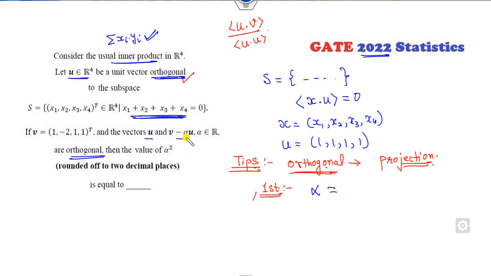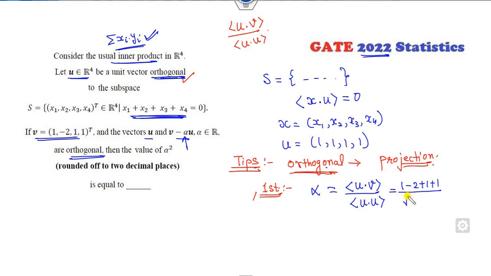What is the alpha? Because alpha is a scalar, it is nothing but u dot v divided by the norm. So you can see what is the u dot v. V is given here. It's a standard inner product, so I can take the dot product of them. It will be 1 minus 2 plus 1 plus 1, divided by norm of u.